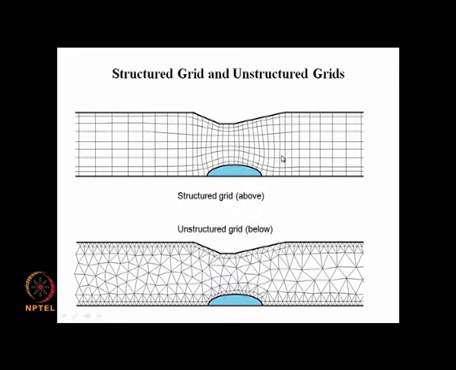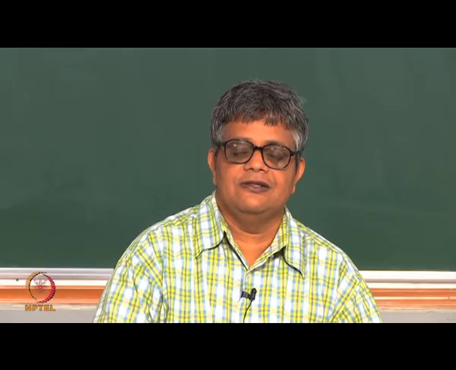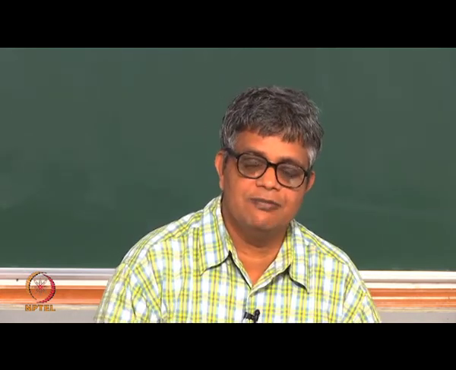Generation of a body fitted grid, as this is known with curvilinear coordinate systems, is something we will see very briefly in module 6. We are not going to go deeply into that, but this is an example of a structured grid.